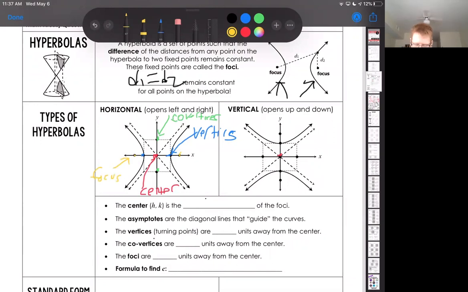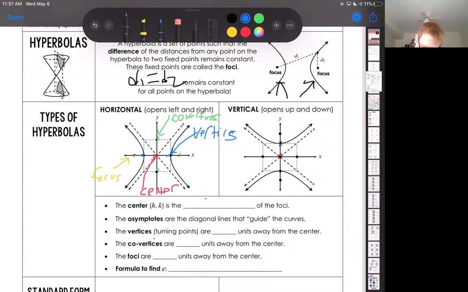One thing to notice in this diagram is that they draw a dotted rectangle around the co-vertices and vertices. This is going to be useful to help us get our asymptotes, and when we draw our graph, to see what the branches are contained between, to make our graph a little bit more accurate. You can see something similar on the vertical hyperbola.